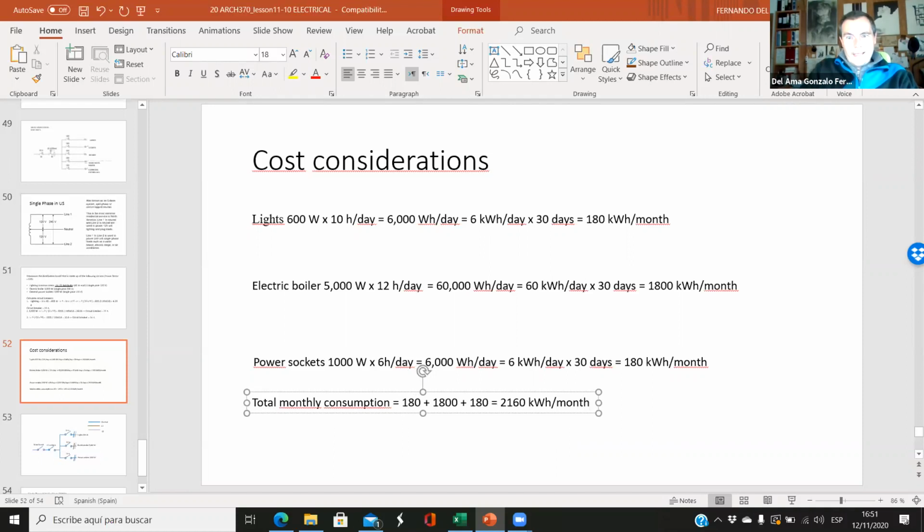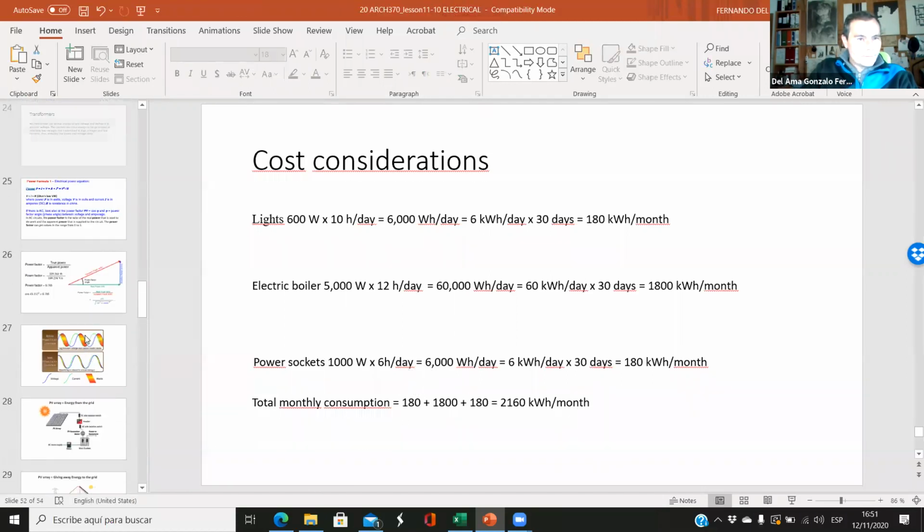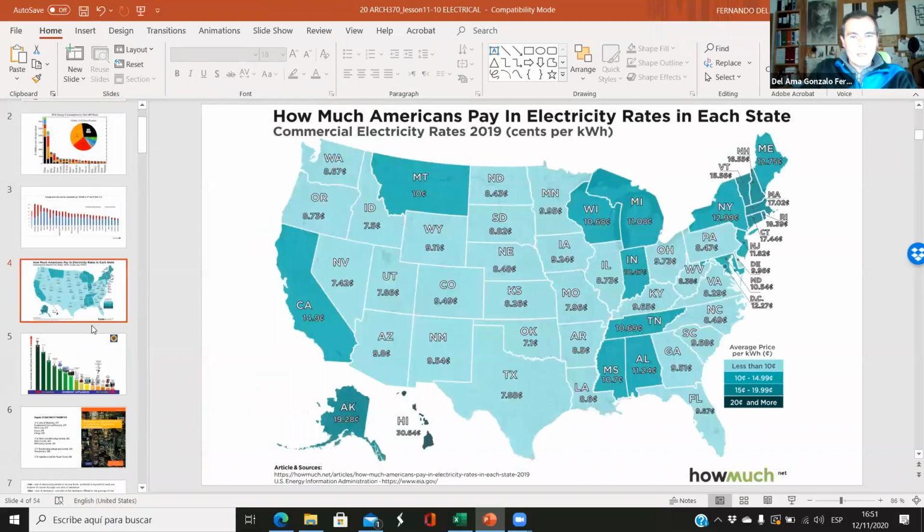Okay, and now what about the money? We have to go to this slide here. Now this is the consumption. This is what we can do, and now the money doesn't depend on us. Well, it depends on the amount of energy that we need. The price of energy depends on the state, depends on the company, so we don't know.